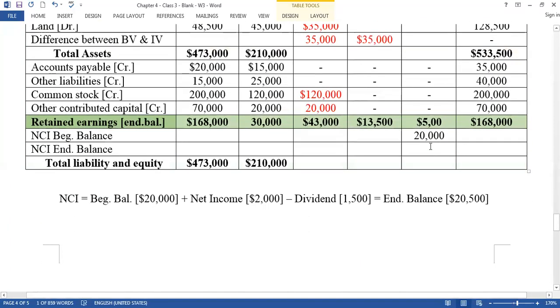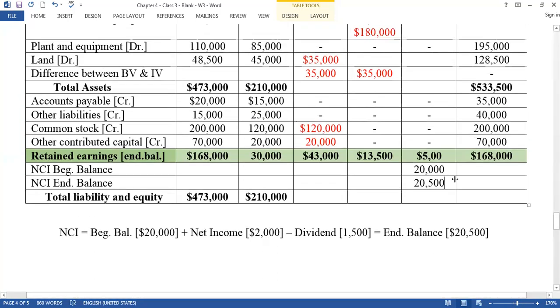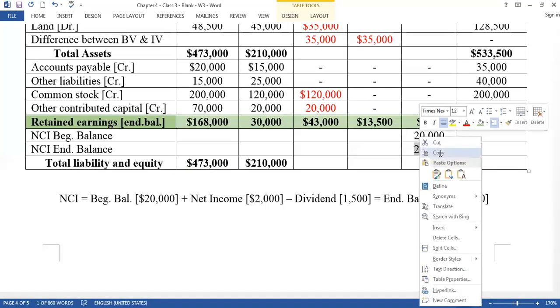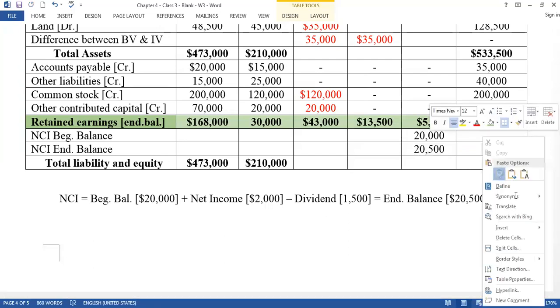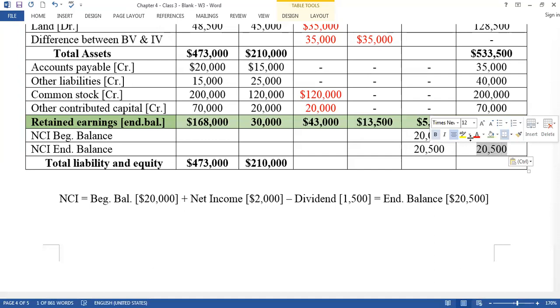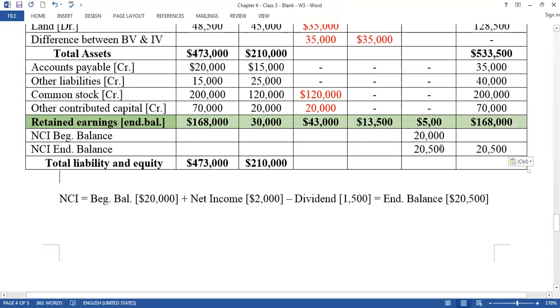So we have the ending balance of 20,500. Now this ending balance goes to the consolidated account. We know this, right? The ending balance goes to the consolidated.